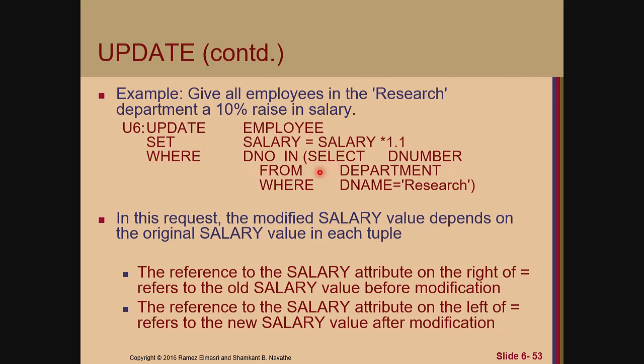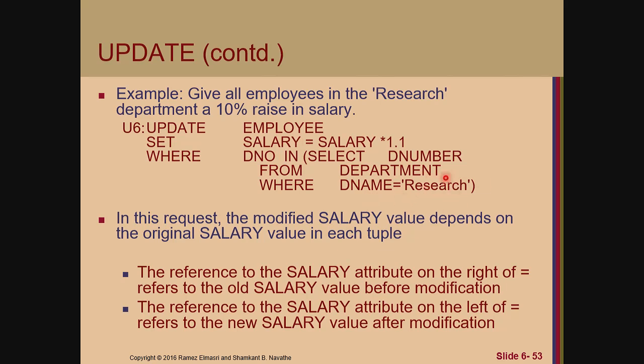It's quite a complex one because in the where clause in the employee table we don't know the name of the department, right? So we have to select the department number from the department table using the name first.